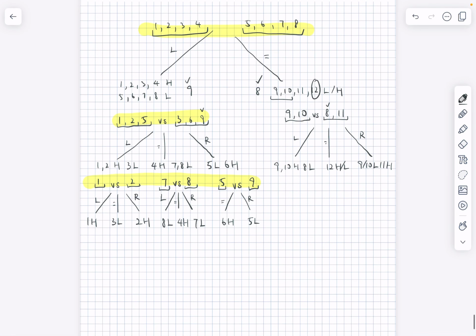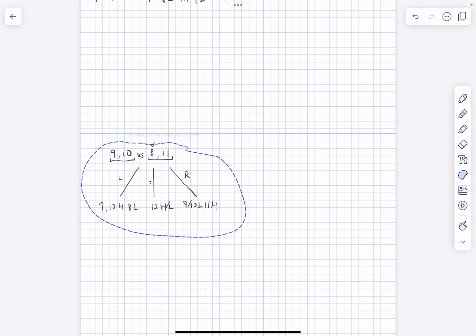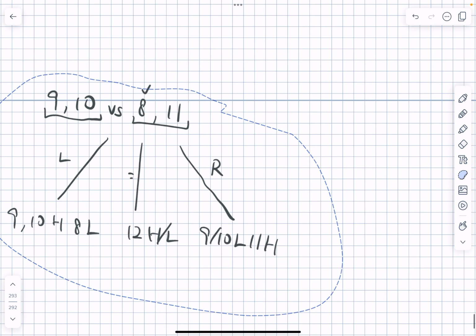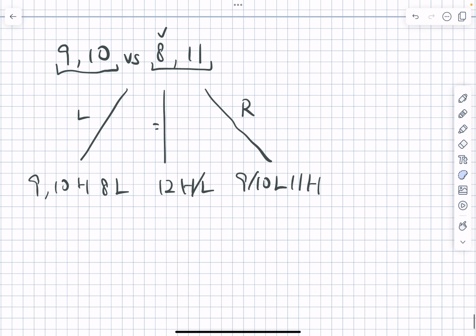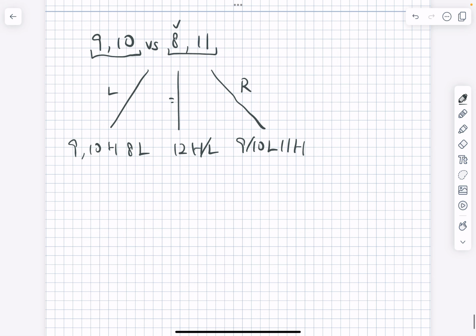We don't have a lot of space here, so let's move this case down and examine this. Let's make it a little bit bigger. Nice. In the case that 9 or 10 is heavier, just like the previous examples, we can compare 9 versus 10.